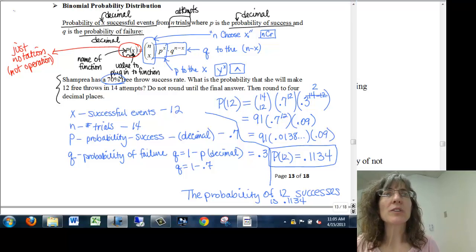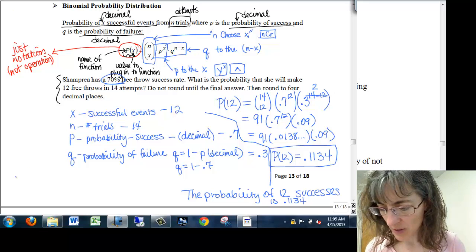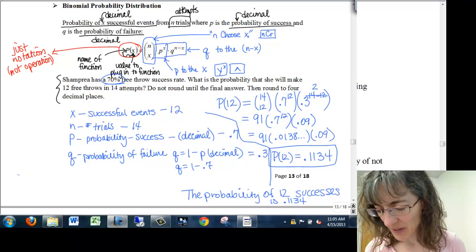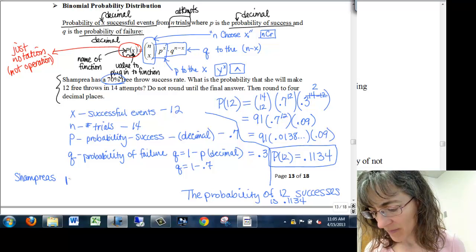And we could state it in terms of Shampriya. What would you say if you were reporting about Shampriya since you did all this calculation for her scenario? How would you report this? Go ahead, Aaron. Shampriya's probability of 12 free throws in 14 attempts is 11%.